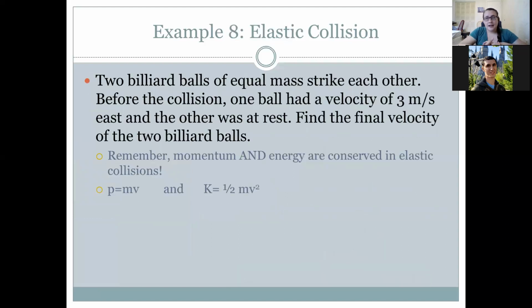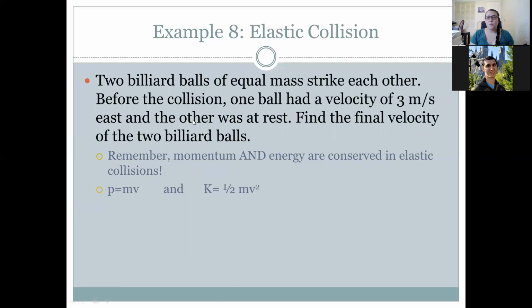Okay, and our next example is clearly going to be an elastic collision, so like a perfectly elastic one where they bounce off of each other, which means energy will also be conserved here. Kinetic energy will also be conserved. So in this case, two billiard balls of equal mass strike each other.